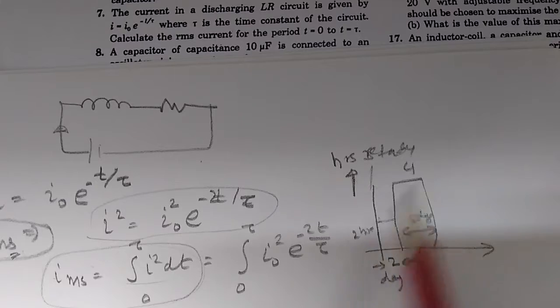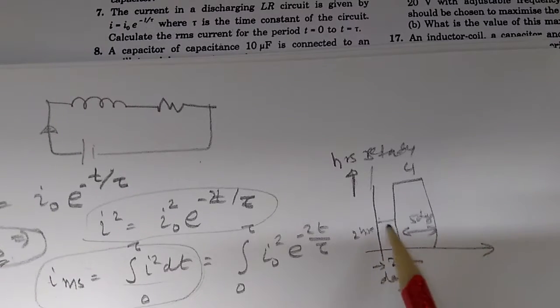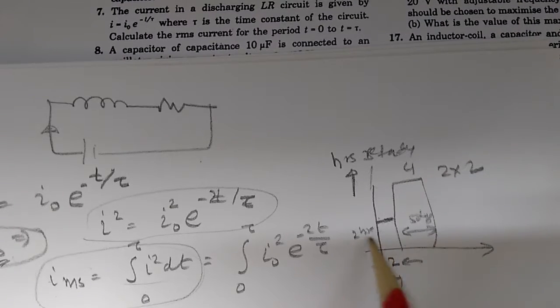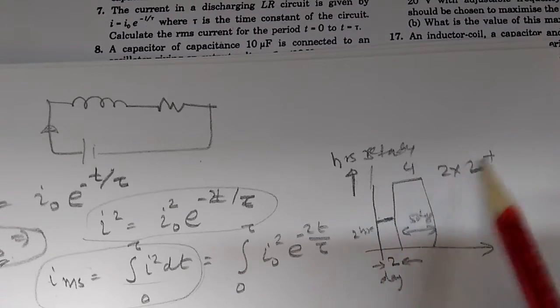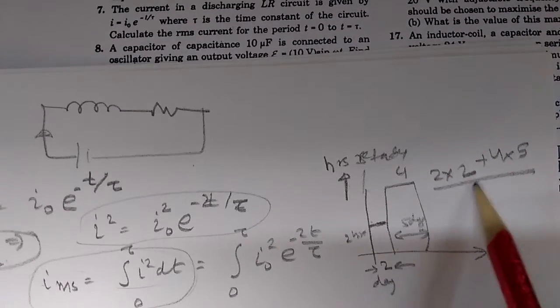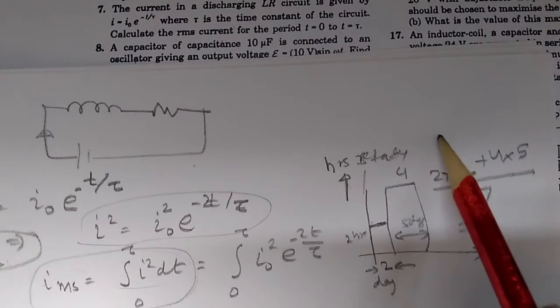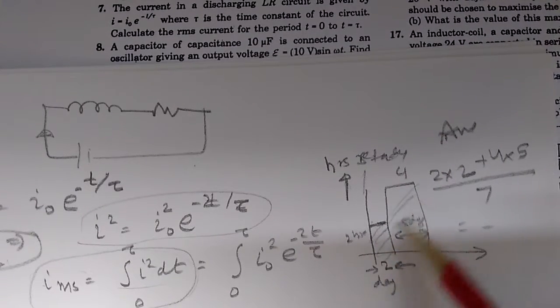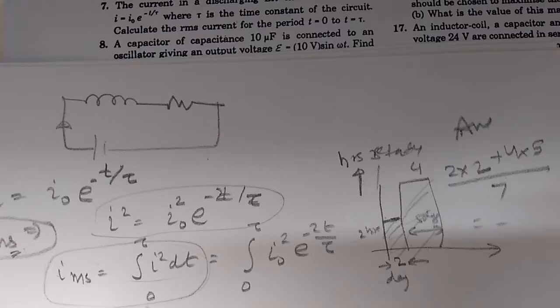If I ask what your average study time is, you will do 2 hours multiplied by 2 days plus 4 hours multiplied by 5 days, and then divide by 2 plus 5, or 7 days. This is the weighted average. We are doing exactly the same thing.